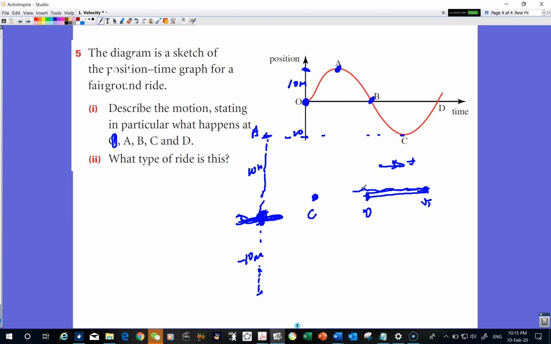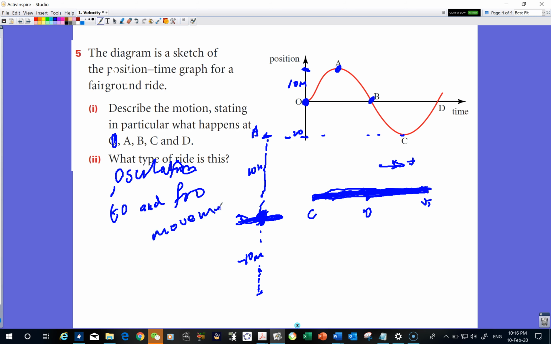So it moves like that, comes back, moves back, comes back. So it is a to and fro movement, or we call this an oscillation. So this type of ride is an oscillation, or you can call it a to and fro movement. Okay.